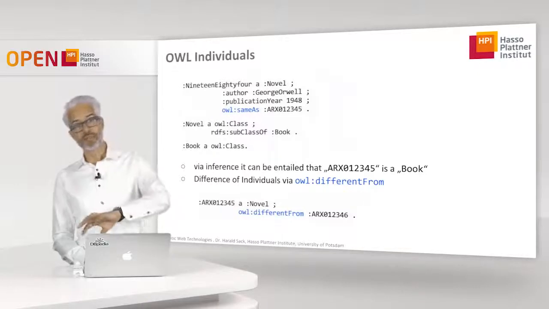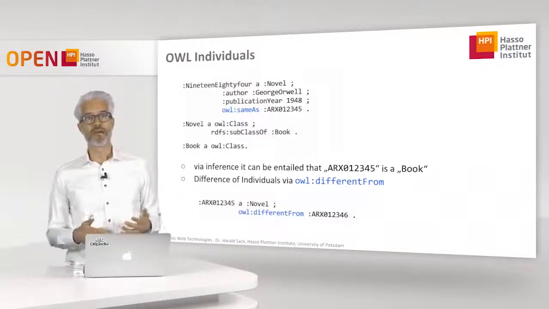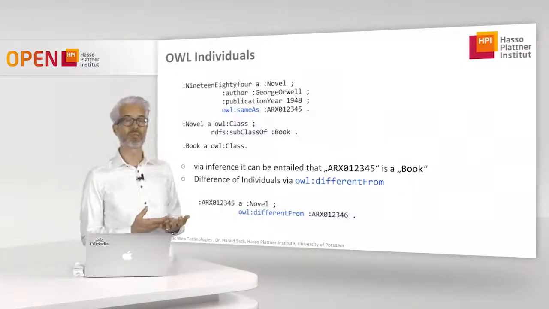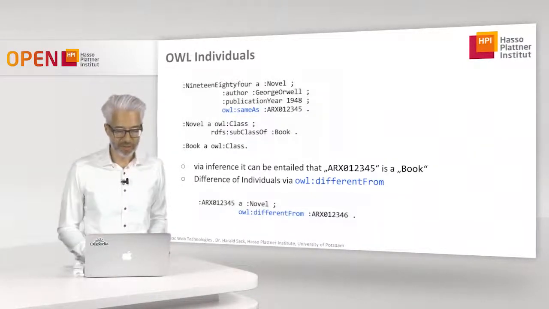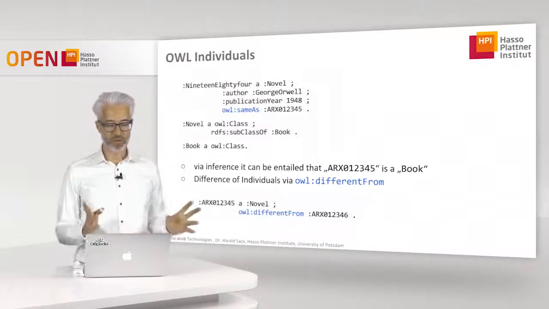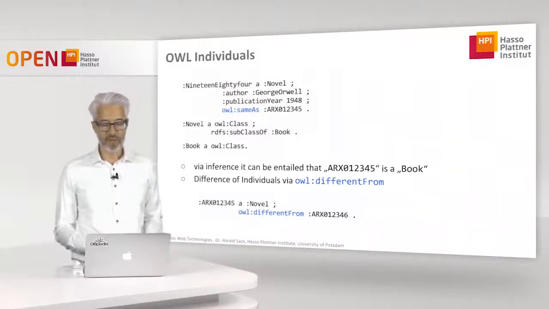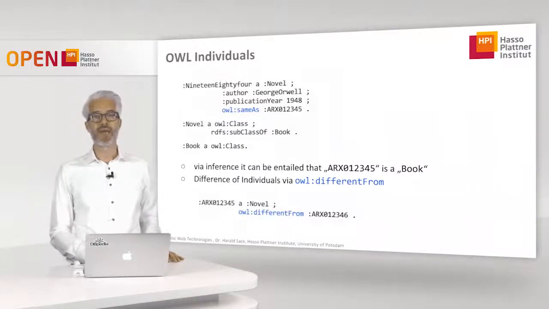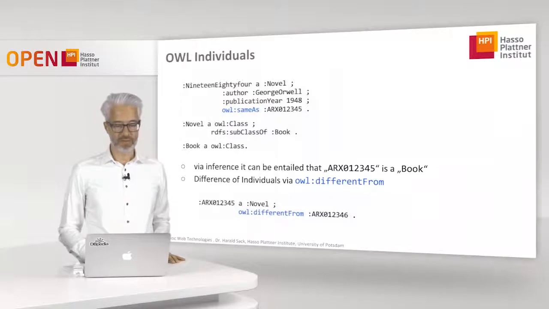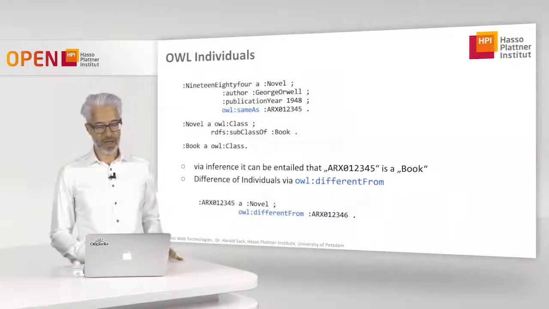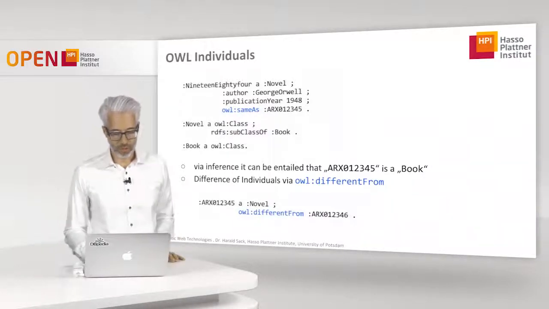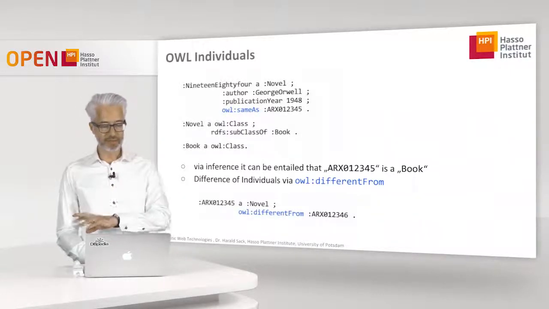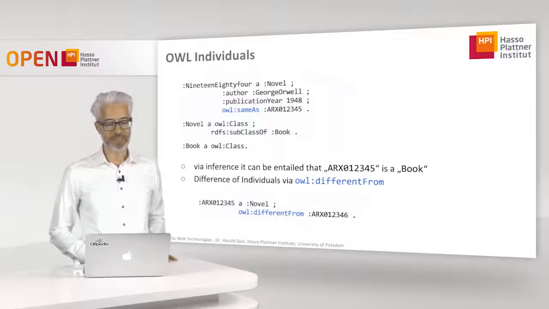Okay, the same holds for individuals. You also have to have the possibility to declare that two individuals are the same or are different. In the following example, we have here 1984 is a novel by George Orwell as author and with the publication year 1948. And we say this is the same as another ID which we define here, which is ARX 012345. We say these two individuals, this ARX individual and 1984, are the same.